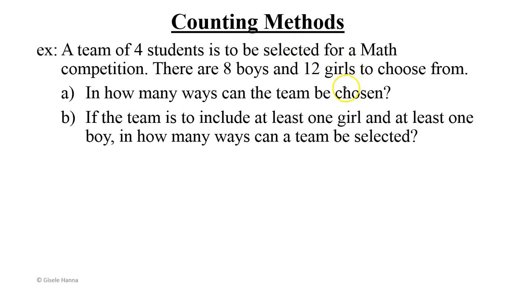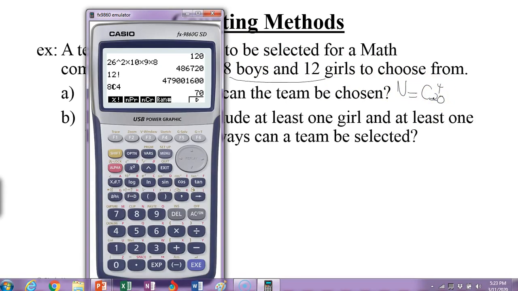So in part A, I need to determine the number of ways I can form or choose that team. So over here, since I have in total 20 students, because in problem A, we're forming the team without gender restrictions, so we have 20 students in total that I need to choose 4 from without order. So that's a combination of 4 out of 20.